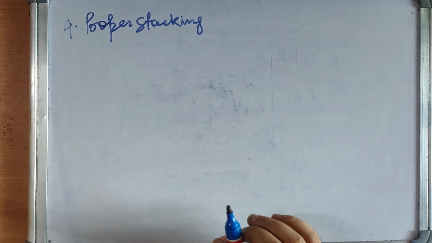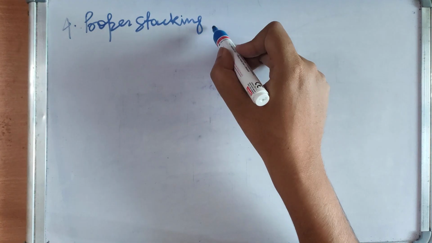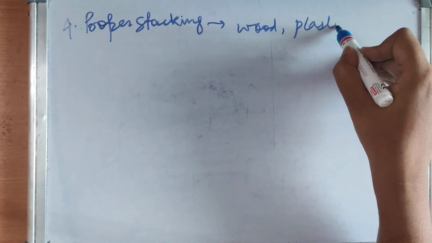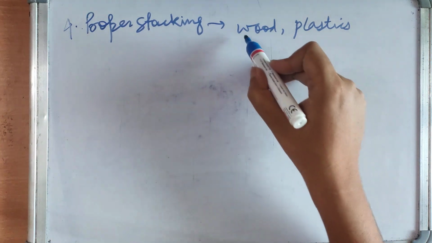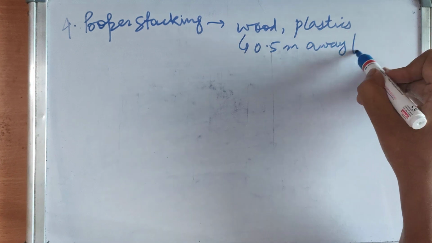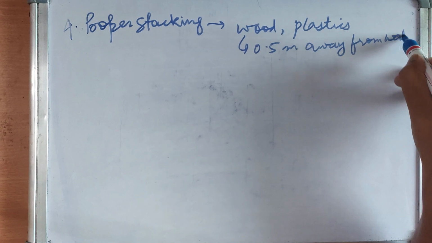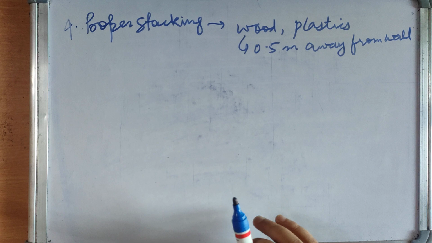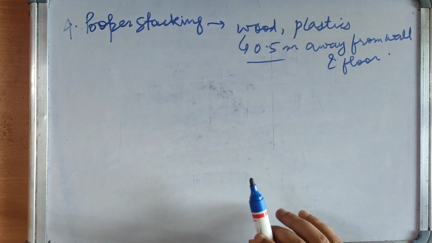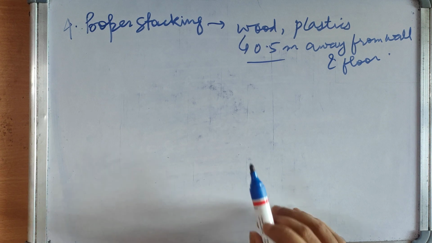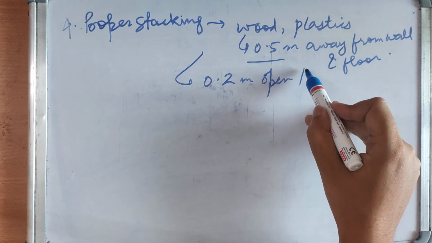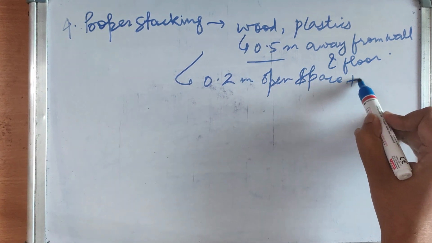Stack on wood slats or plastic, 0.5 meter away from wall and floor, and leave 0.2 meter open space towards the roof.